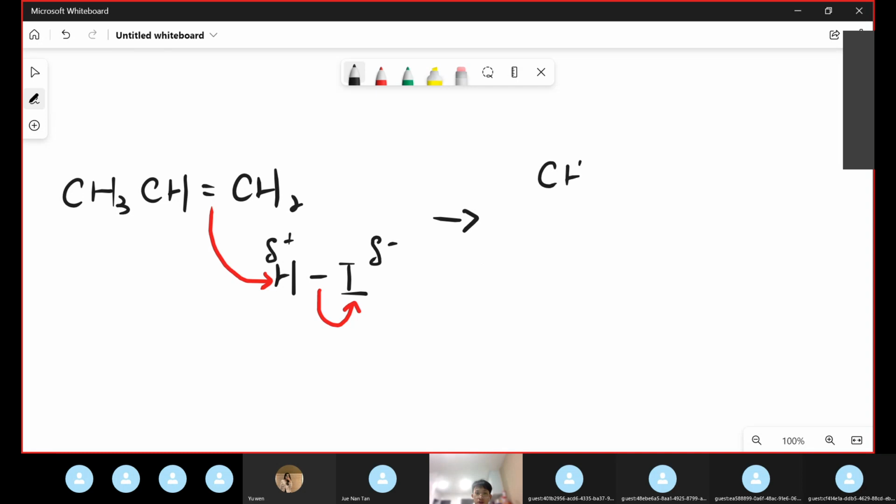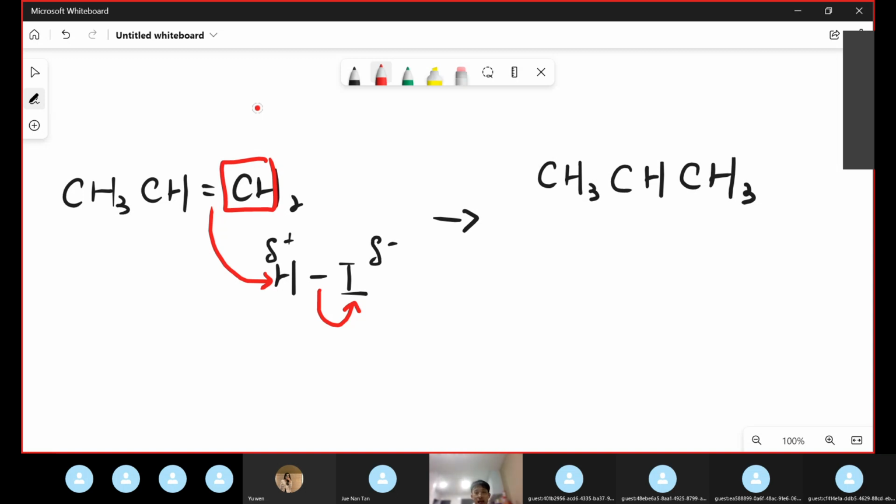So CH3, then CH3. The H is added to this carbon, as we are going to explain why 2-iodopropane is the major product.